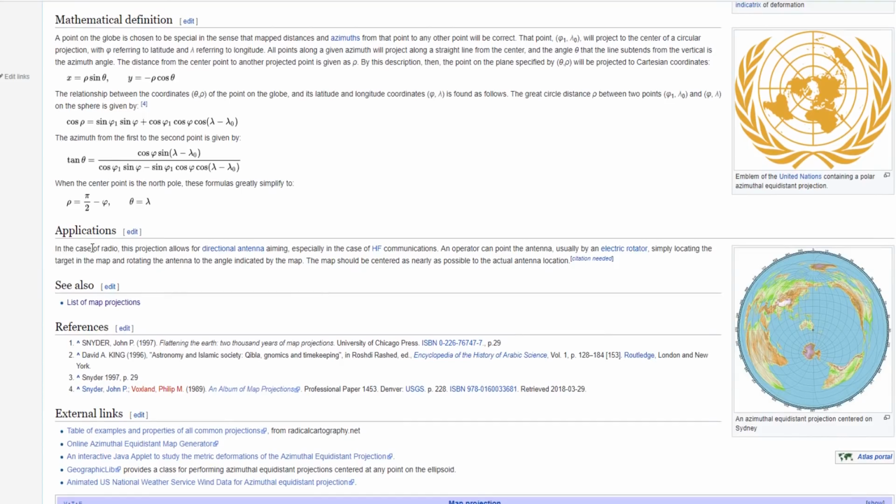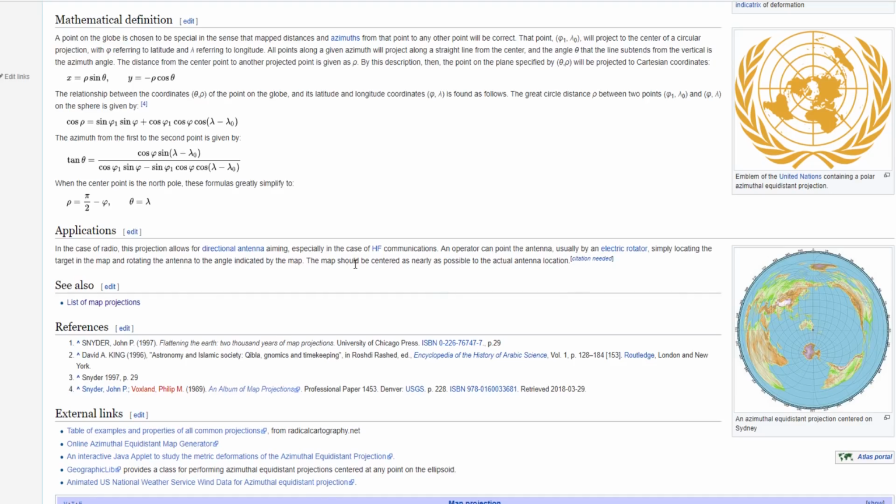This is interesting, though. Applications. In the case of radio, this projection, the azimuthal direction projection, allows for directional antenna aiming, especially in the case of high-frequency communications. An operator can point the antenna, usually by an electric rotator, simply locating the target in the map and rotating the antenna to the angle indicated by the map.